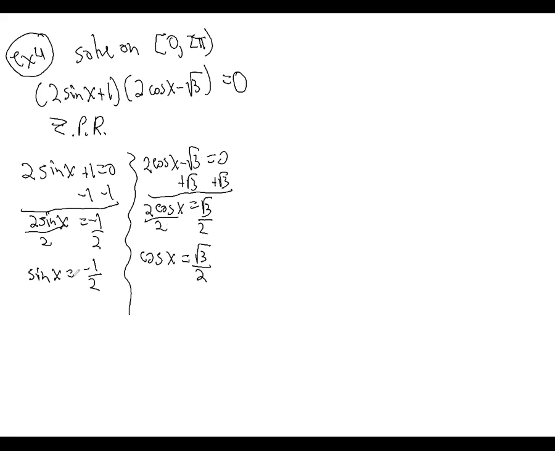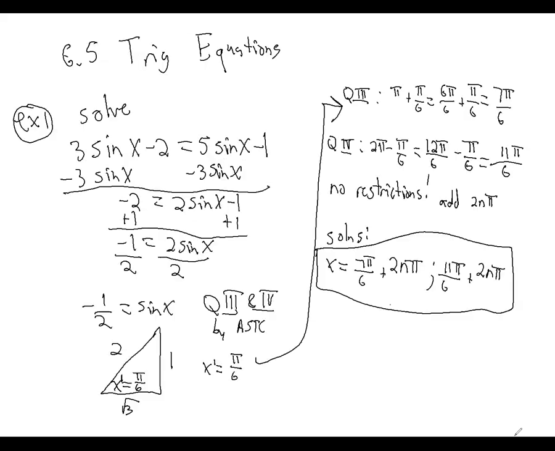Now this first one seems really familiar. If you go back to example 1, sine of x equals negative 1/2. So this is the same equation. We don't really need to reinvent the wheel and do all this stuff again. Let's just say, by this example, the solutions were 7 pi over 6 and 11 pi over 6. But this had the adding 2 pi's. We're not going to need that anymore because of the restrictions.